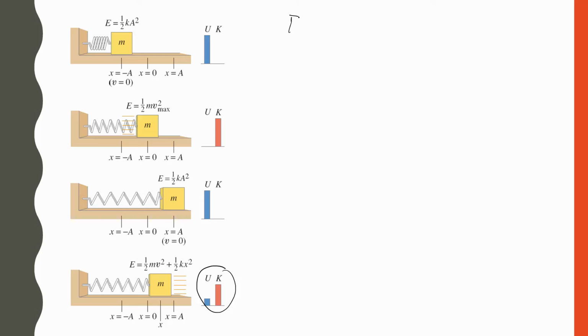So we can say that the total energy in our oscillator at any point is the sum of the kinetic energy, 1/2 mv squared, plus the elastic energy, 1/2 kx squared. And if we don't know this for a specific point, it will be hard to solve for the total energy of our system.